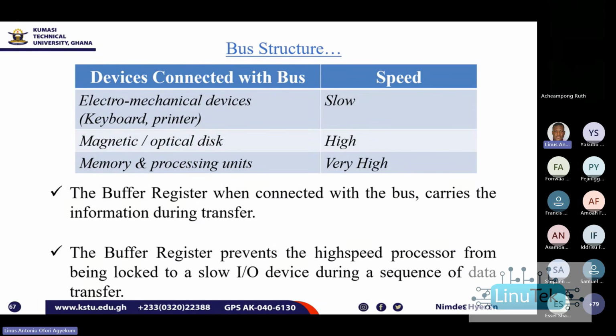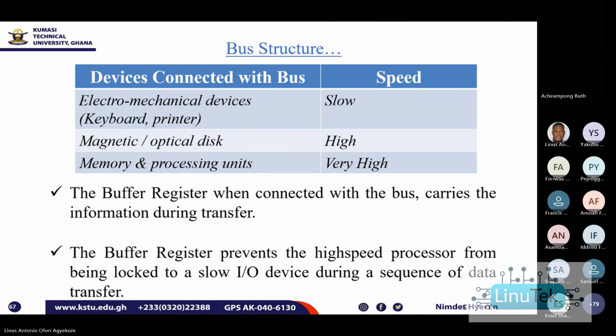That would be a waste of resource. But when you take a device like the memory or the processing units, they have to be connected to very high-speed buses within the system. Similarly, something like an optical disk drive needs to be connected to what? A high-speed bus.